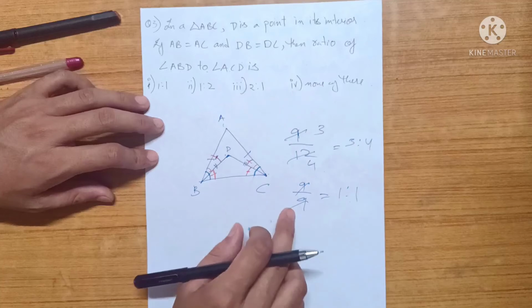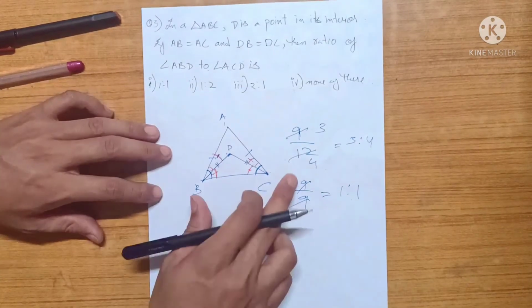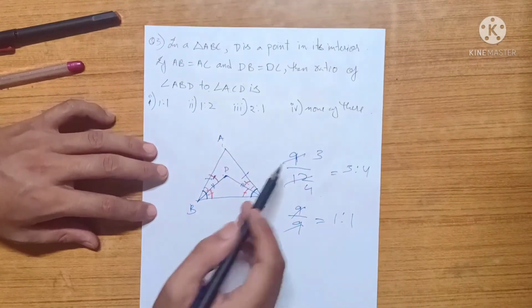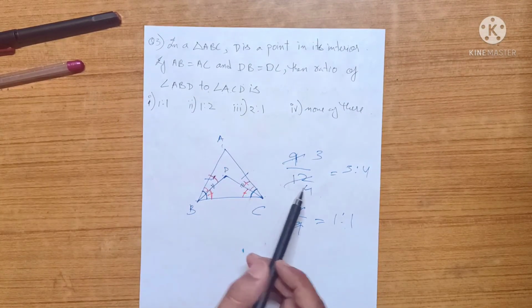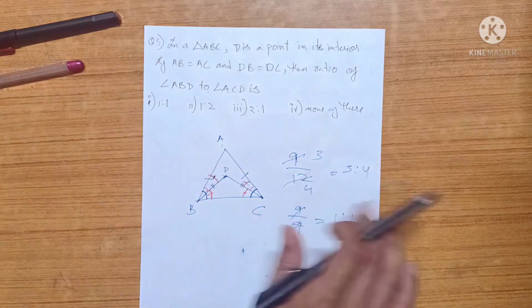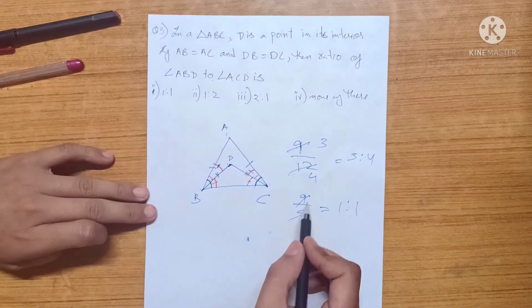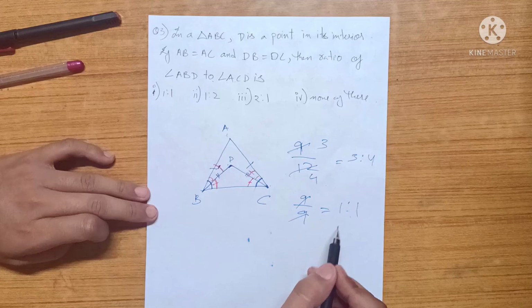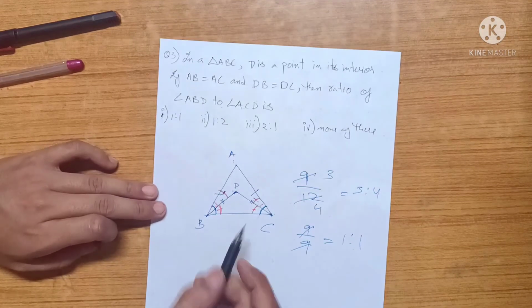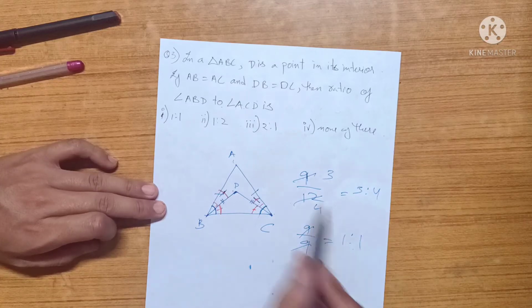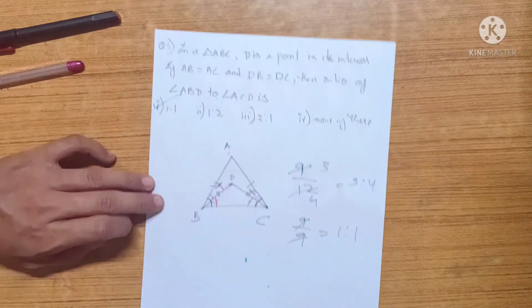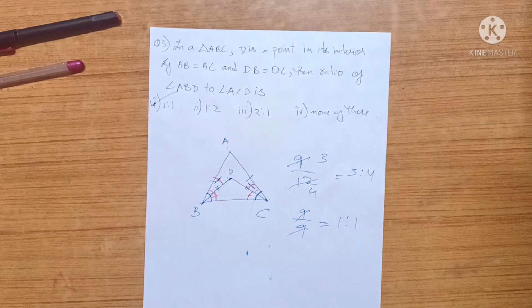If you're finding the ratio of you and your friend in your class, then 9:9 equals 1:1. But if you're finding it with your elder brother or sister who is in grade 12, then it'll be 3:4. So this is the ratio. So whenever you find the ratio of two same things, it'll always be 1:1. Got it? So since this and this are equal, we just proved that the ratio will be 1:1. Understood?